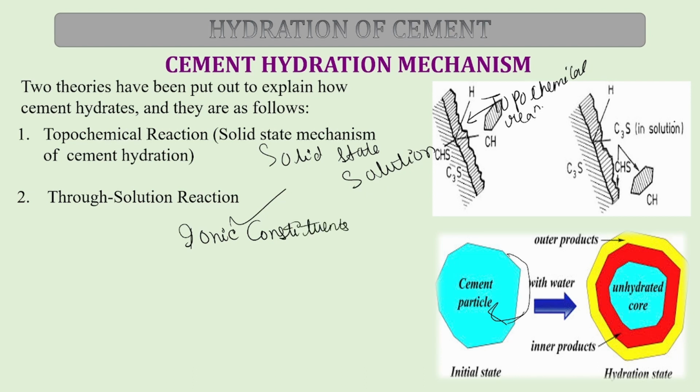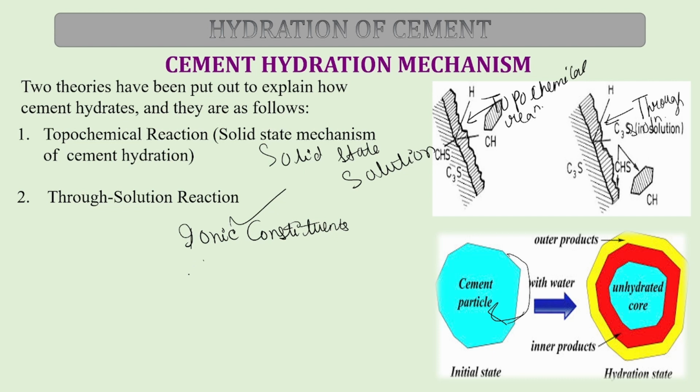You can see this represents the true solution reaction. The solutions become supersaturated as a result of the formation of hydrate in the solution. Now, the low solubility of the hydrates causes the product of cement hydration to precipitate from the supersaturated solution.